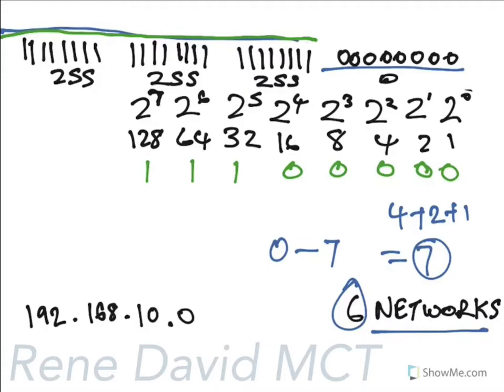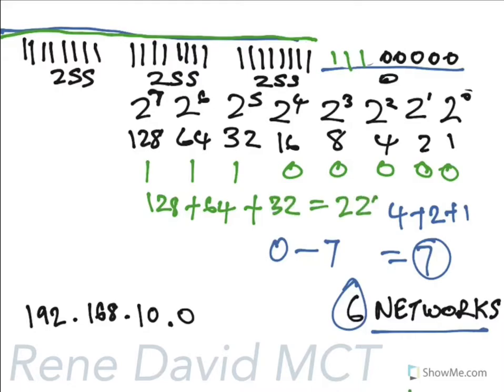So essentially what's happened is these 3 bits have become 1s. Right, 1, 1, 1. And 128 plus 64 is 192 plus 32 is equal to 224.